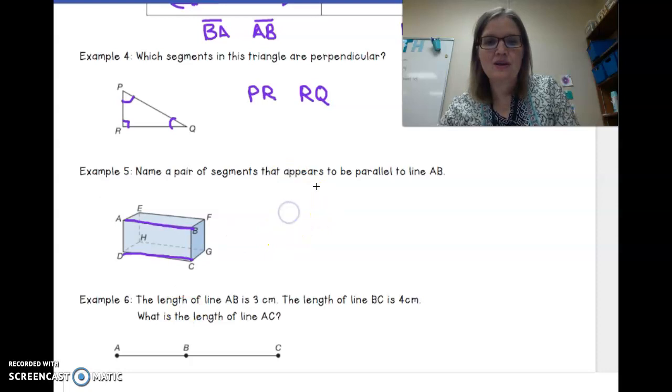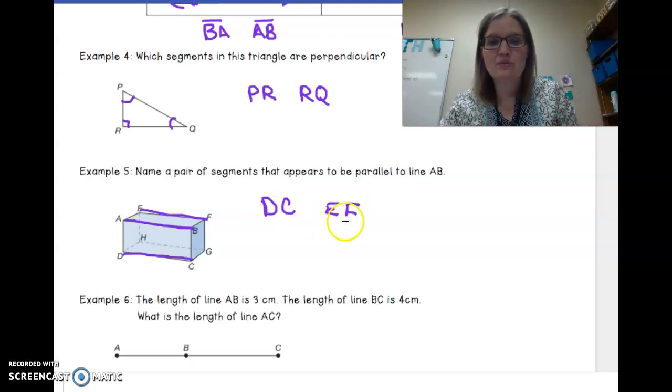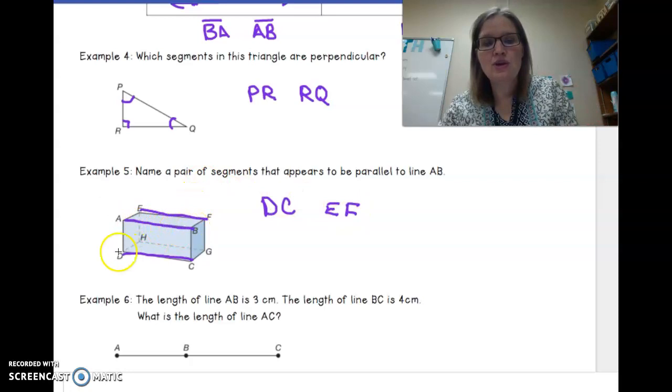I'm going to erase this. DC is parallel. Or we also have this line that appears to be parallel, EF. So DC or EF, and we could also say CD or FE. But for all intents and purposes, you can see that this is running parallel, and this is also running parallel because it is a rectangle.